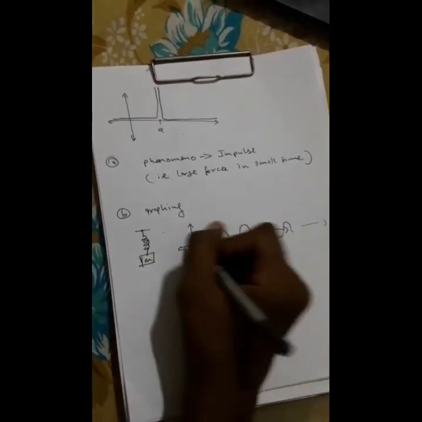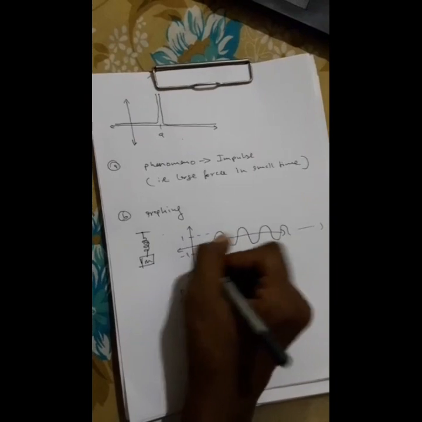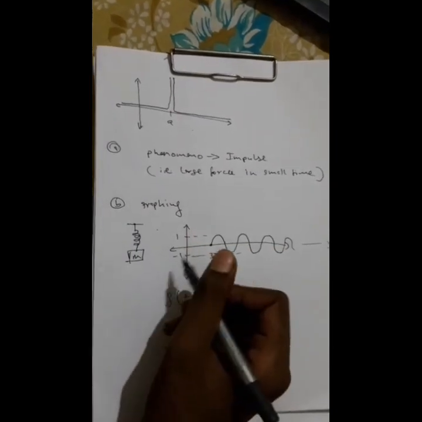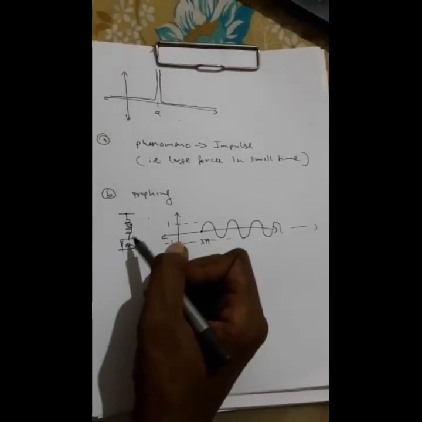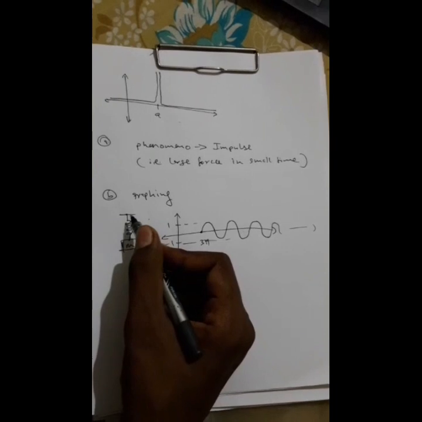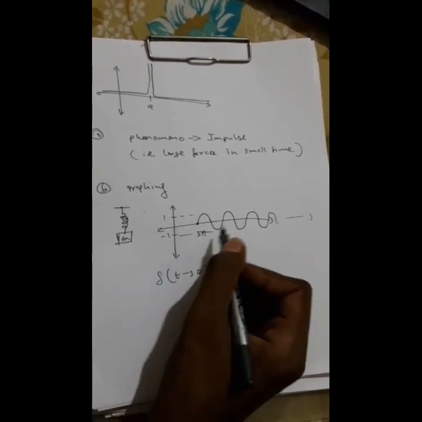I think the amplitude will be plus 1 to minus 1 because it's sinusoidal. So in this spring mass system, initially it will be at rest, then after it reaches time 3 pi, there will be a huge impulse and it will move in a constant SHM of some frequency.